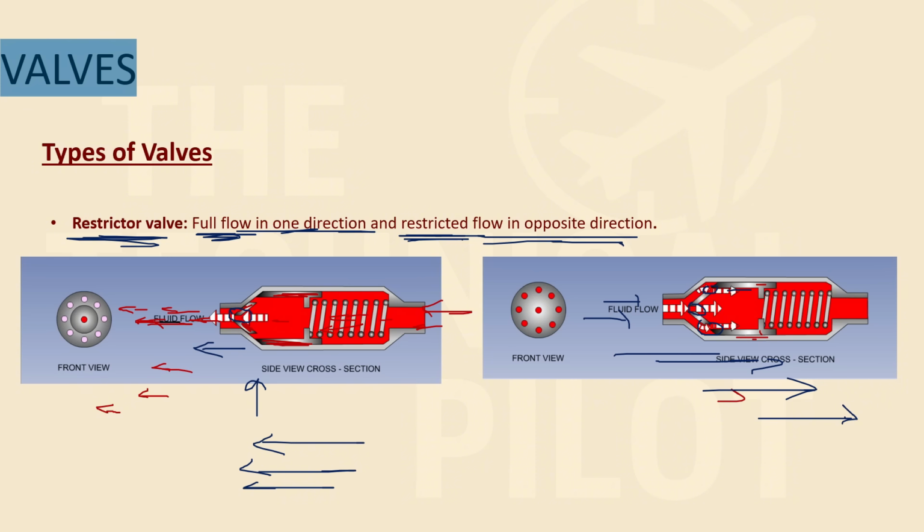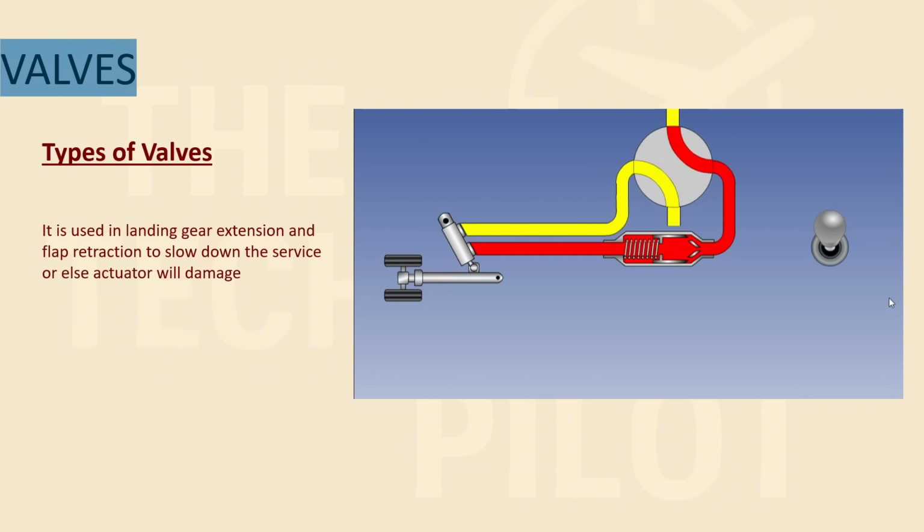It is used in landing gear extension. Why do you want a restrictor valve in your landing gear extension? Because during extension of landing gear, the landing gear can move down very quickly due to gravity. Obviously, gravity is already trying to pull it downwards. That's why you want a restrictor valve to slow down the landing gear going downwards.